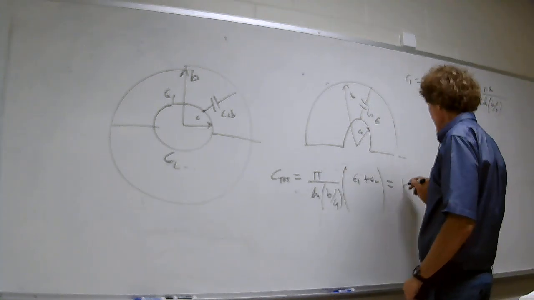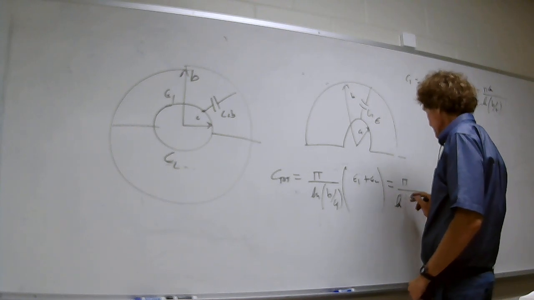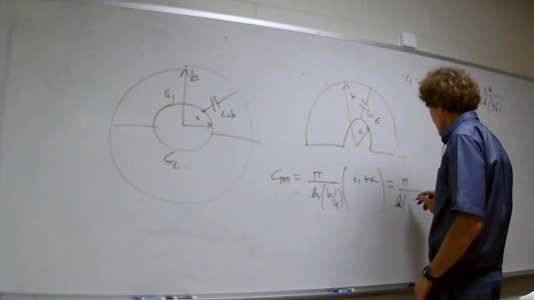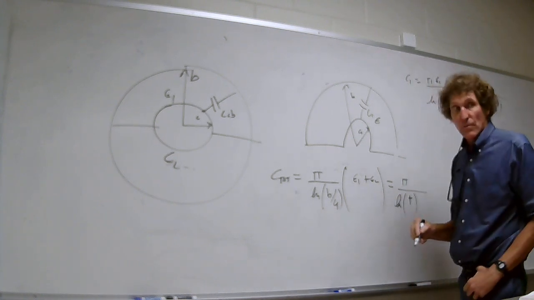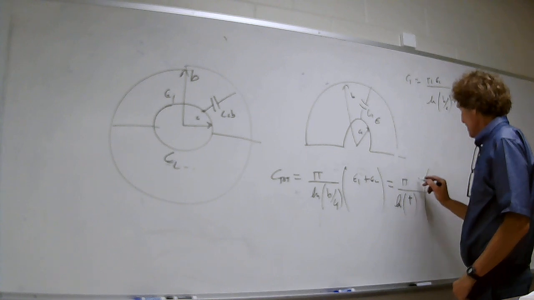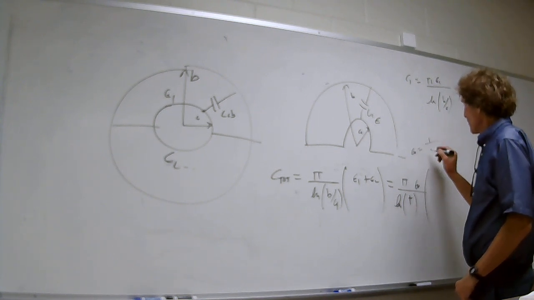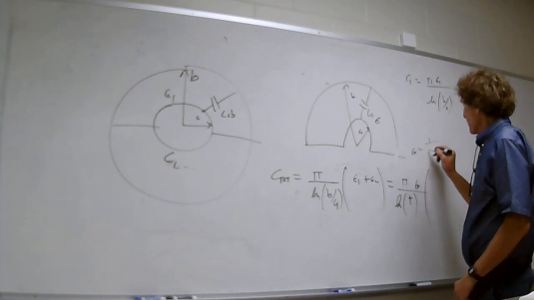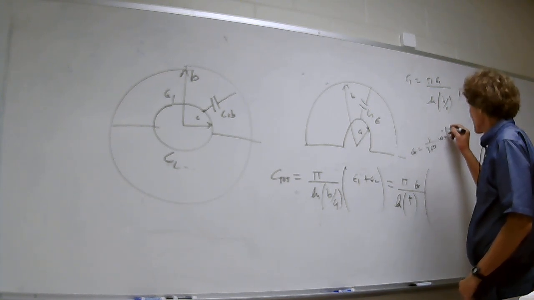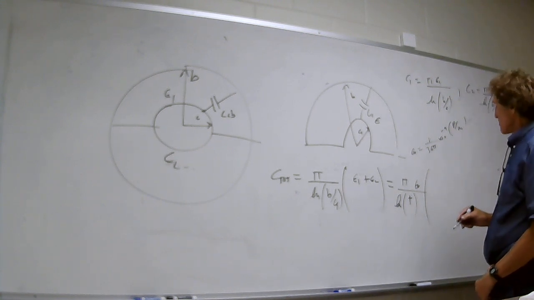Now, the pi stays as pi. What is the inner and outer radius? 4 centimeters and 1 centimeter. Right, 4. Natural log of 4, right? And I'm going to put epsilon naught out here too. Epsilon naught, you can use as 1 over 36 pi times 10 to the minus 9 farads per meter, is what we're supposed to have in some places.